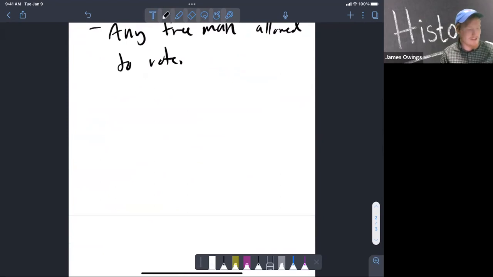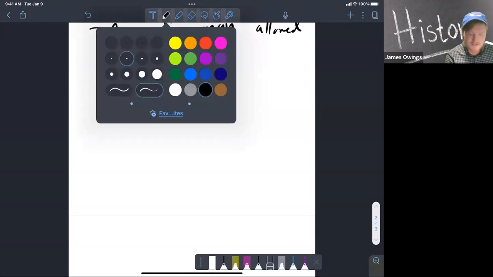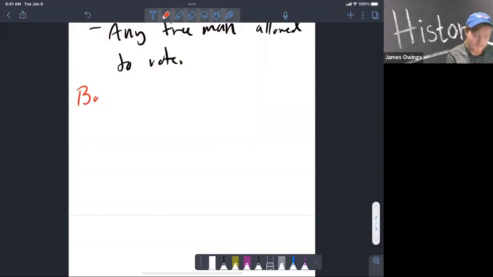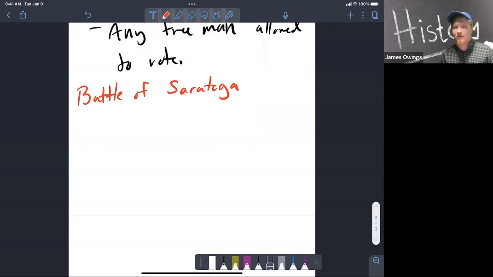So there's a few battles I do want to mention. Battle of Saratoga is the first one. A lot of fights are happening in the American Revolution. You're not going to see every battle on the test, but you might see Saratoga on a test because it's the turning point in New York.